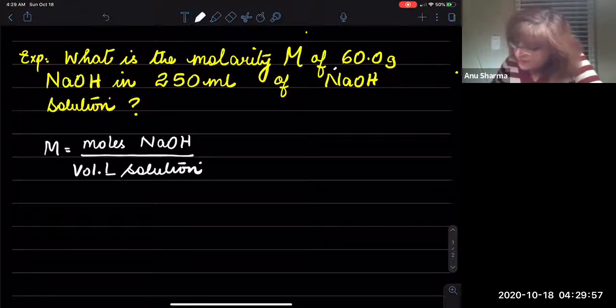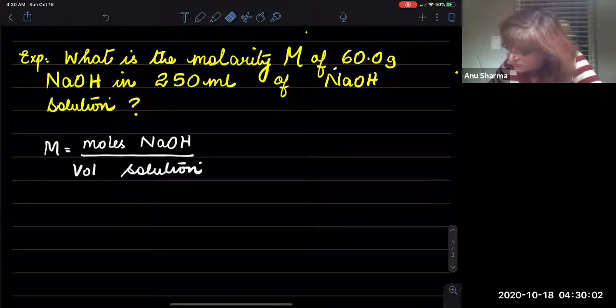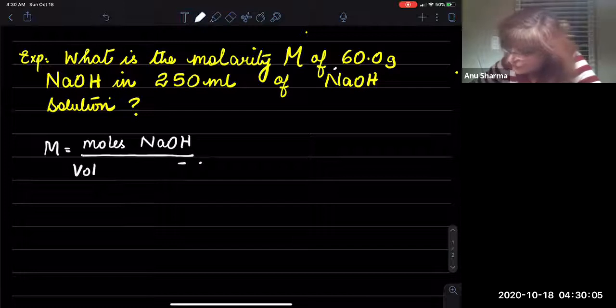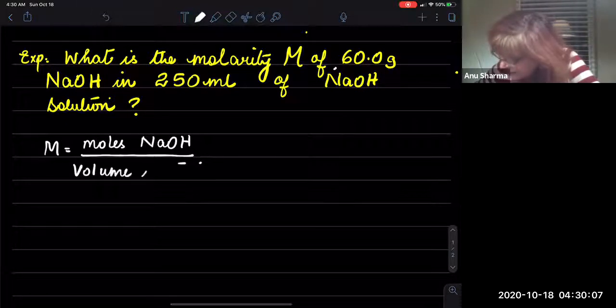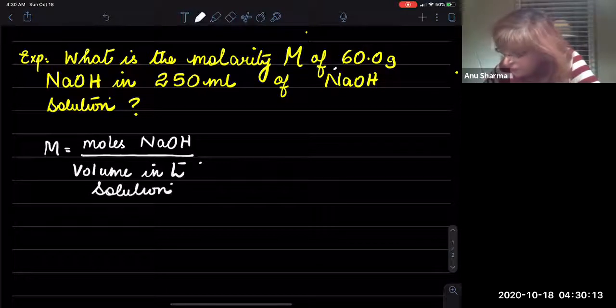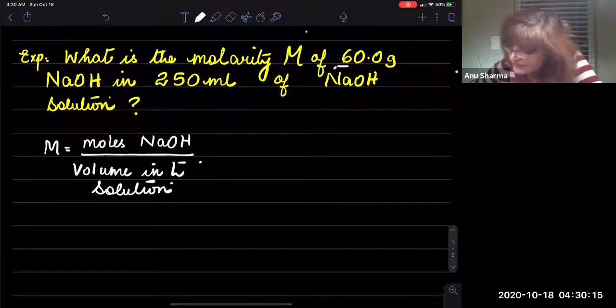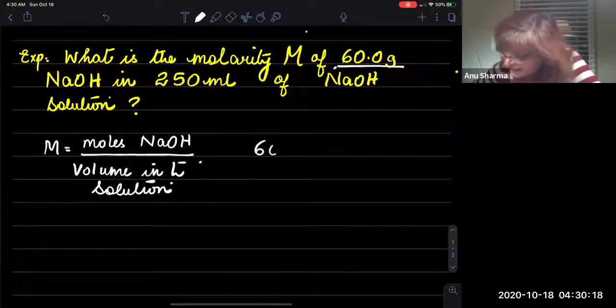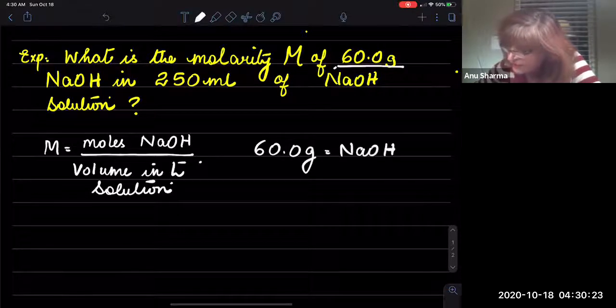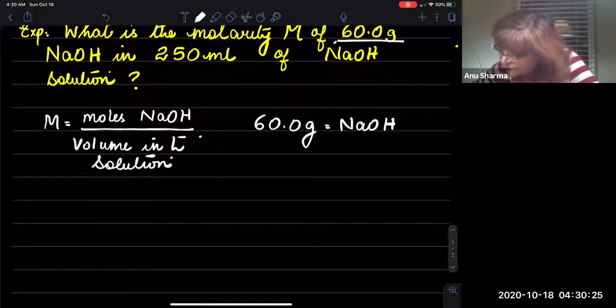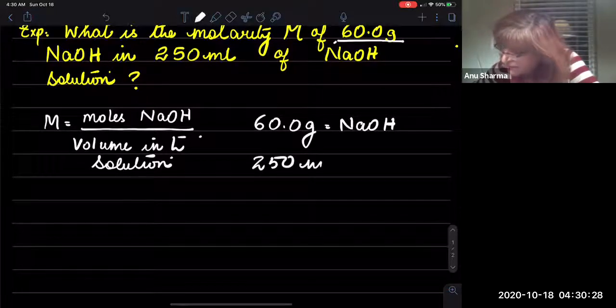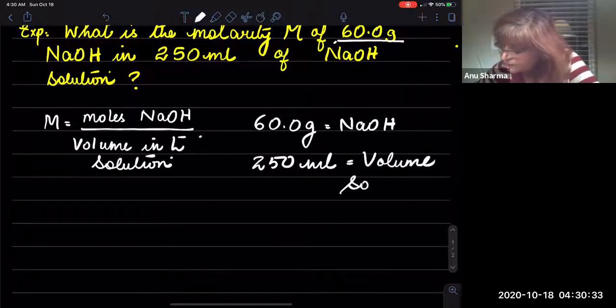That is the molarity. So I hope this is volume in liters, for the solution. Now we are given 60.0 grams of NaOH, and you are given 250 milliliters of the volume of the solution.